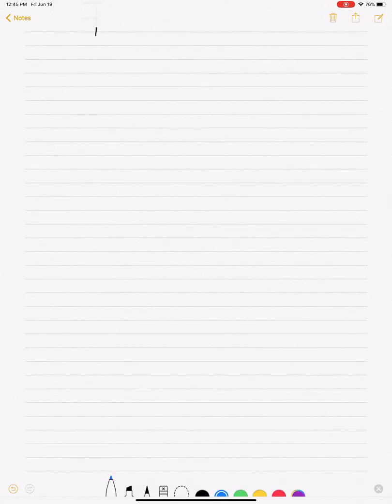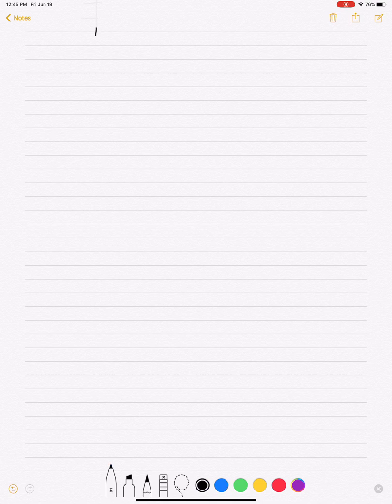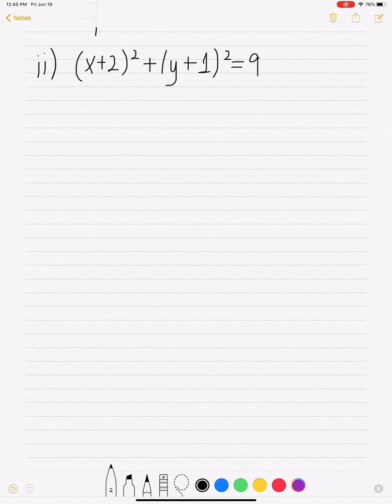All right, number 2. Let's say we got parentheses x plus 2 squared plus y plus 1 squared equals 9. So first we got to find the center.